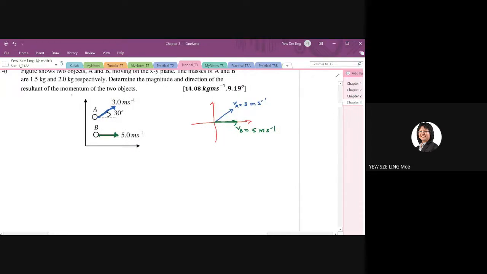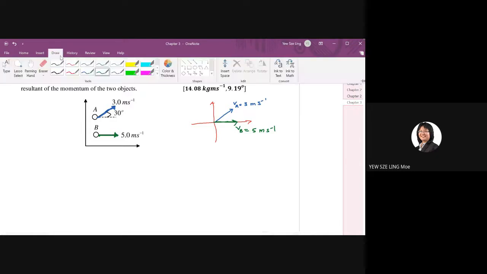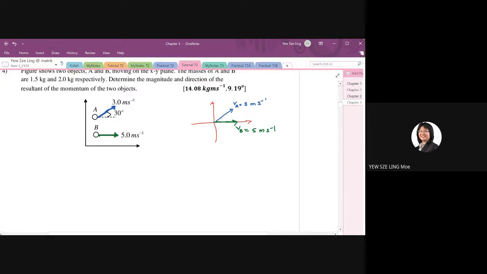Velocity A is located 30 degrees above horizontal. So I have this 30 degrees above horizontal, and then I have vB. So vB is 5 meters per second.